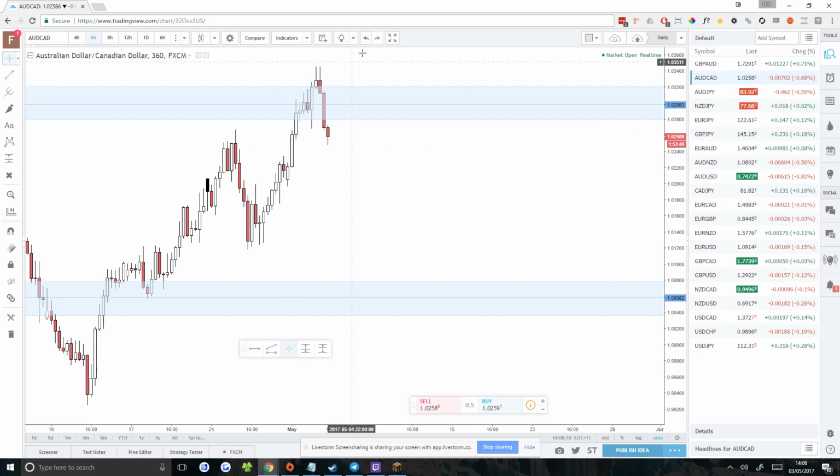AUDCAD, I also entered yesterday. This one has, technically speaking, worked out, except I entered here with a stop loss here, or perhaps a bit higher. So even though it has reversed, it moved higher before reversing and stopped me out. Oh well, it happens.